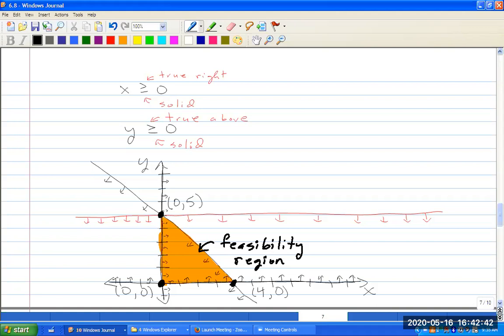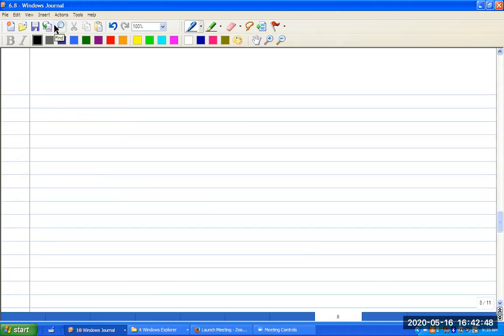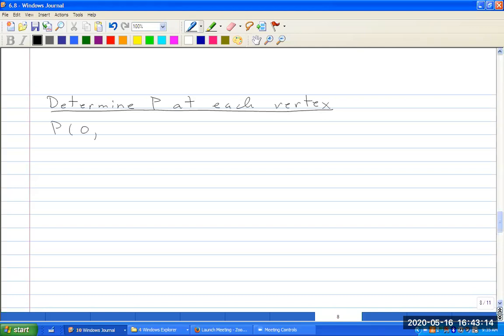Okay. So let's determine the value P at each of these corner points, at each vertex. Okay, so let's find the value P at the origin. Well, this is just 0 minus 0.